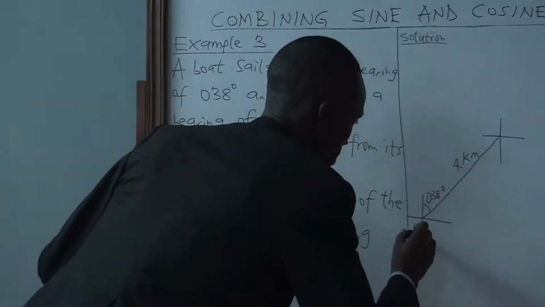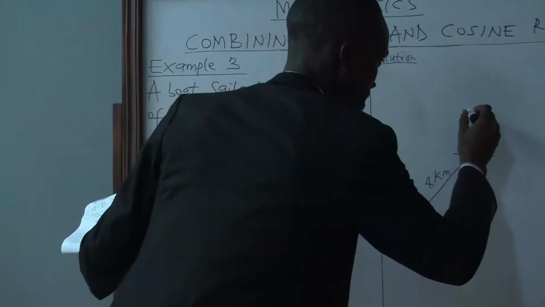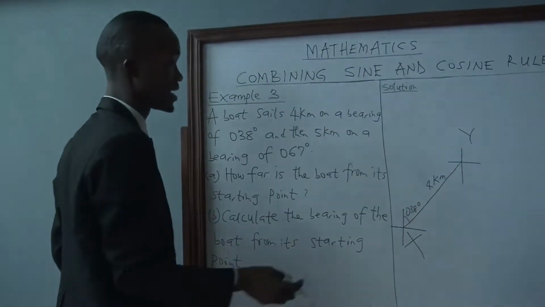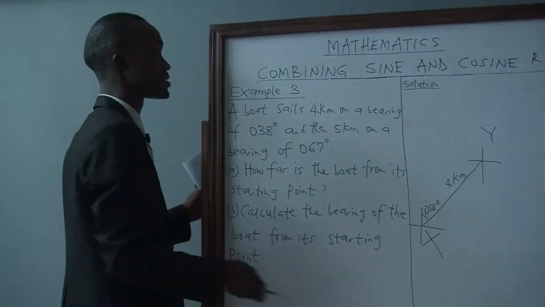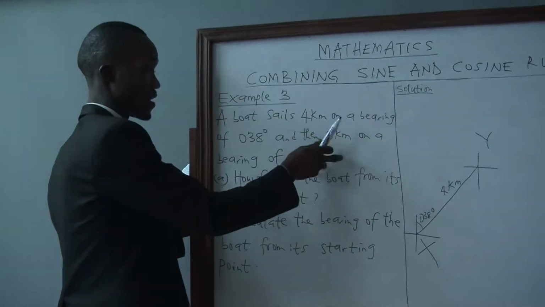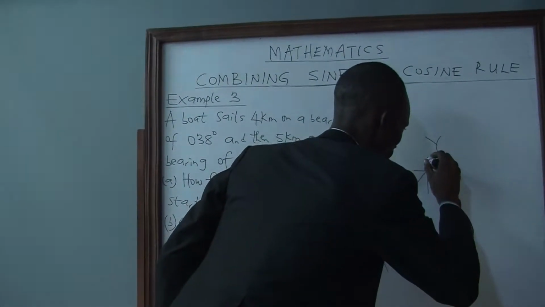Let me call this one X. It sails to a point Y. And then from point Y again, the sailor decides to sail further a distance of 5 kilometers on a bearing of 067 degrees. So we have this.